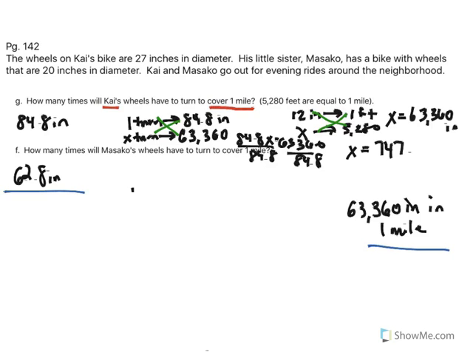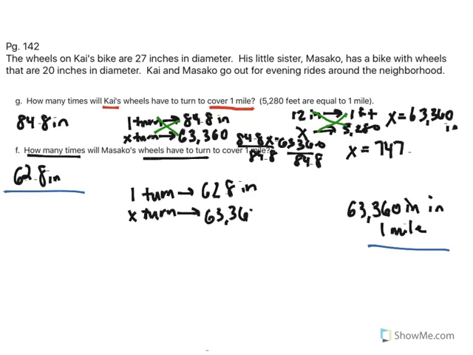Now let's see. In one turn, Masako's wheels cover 62.8 inches. We are trying to find, because the question asks us, how many times will the wheels have to turn? So we don't know the turns. x is the turn that will happen in order to cover 63,360 inches.